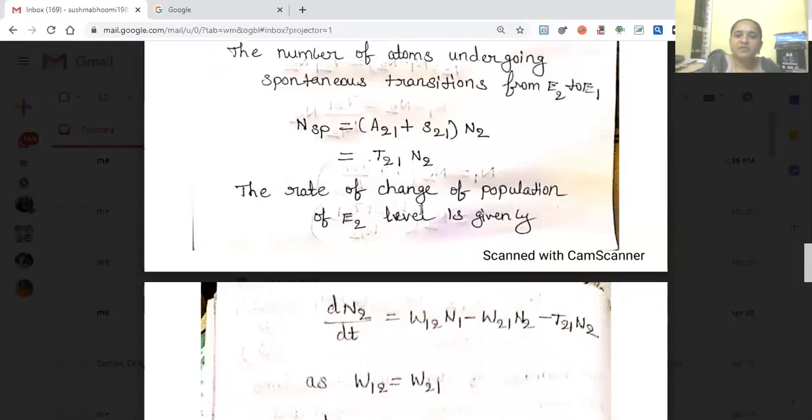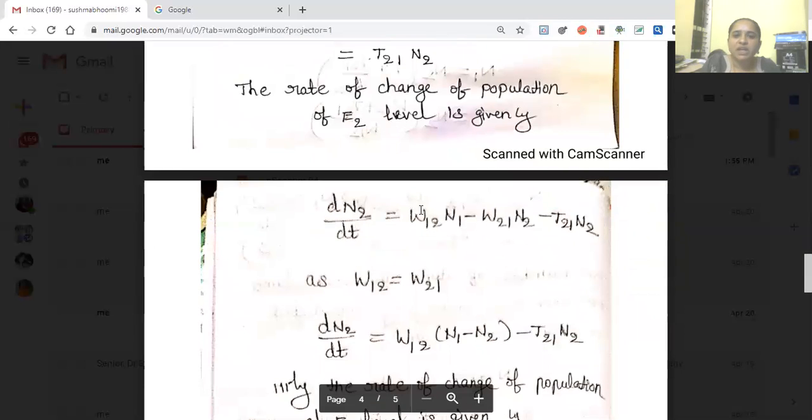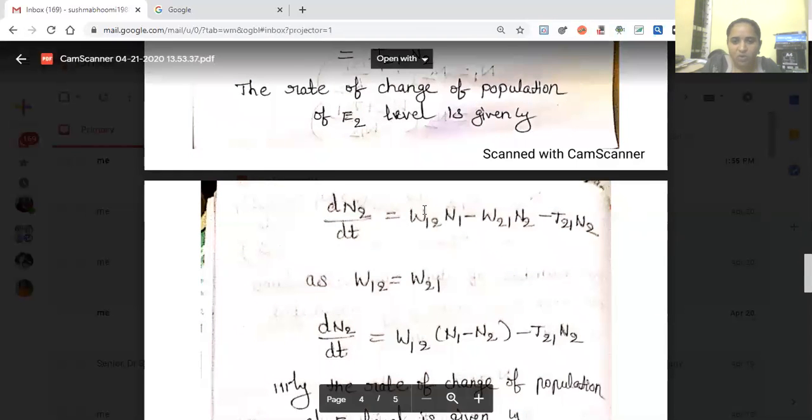So the rate of change of population of the E2 level, we'll just consider it for the E2 level, is dN2 by dt equal to W12 N1 minus W21 N2 minus T21 N2. What is this?